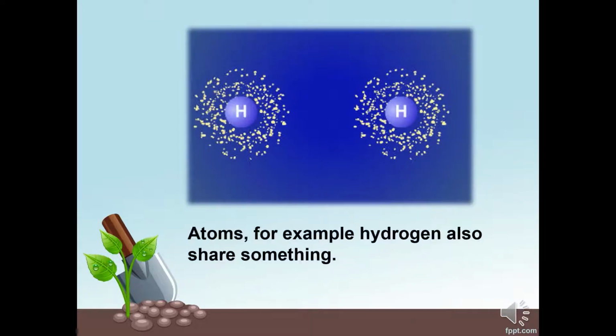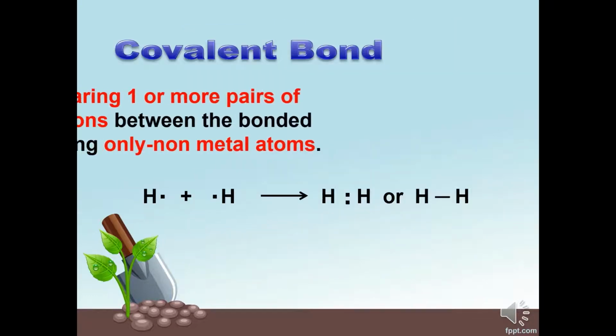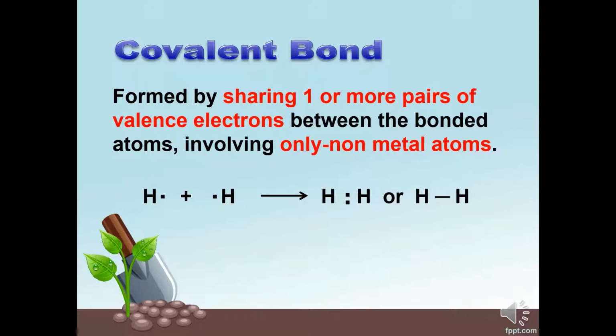The smallest covalent compound ever is the hydrogen gas. What does each of the hydrogen atoms share? Do you know what it is? Yes, they share electrons. Covalent bond is formed by sharing one or more pairs of valence electrons between the bonded atoms involving non-metal atoms.